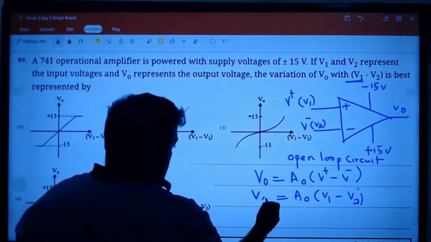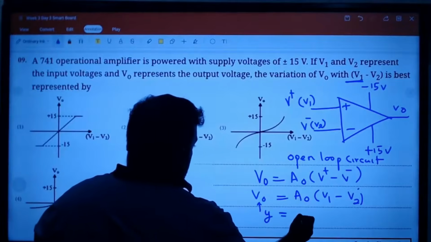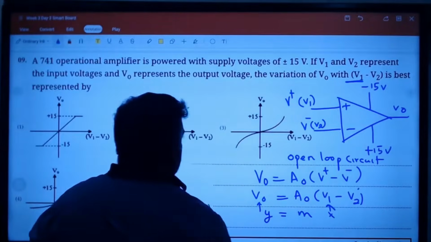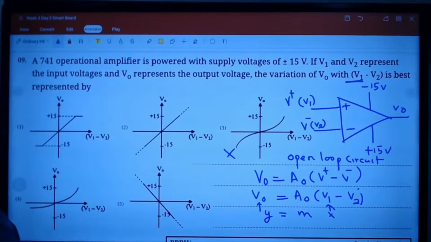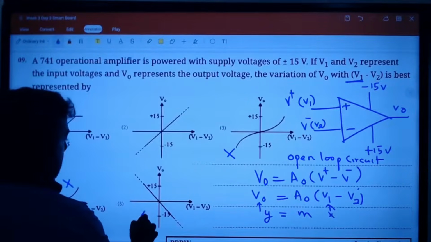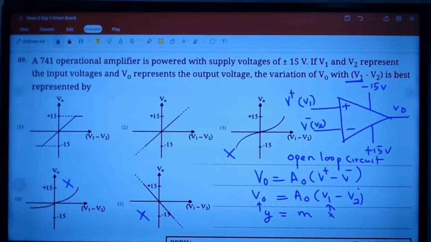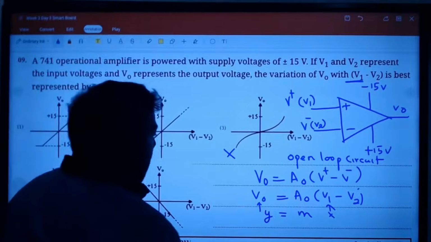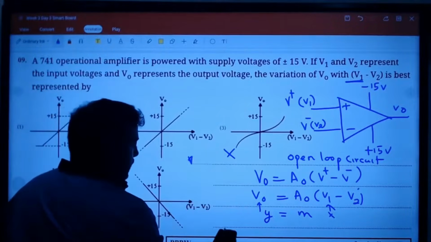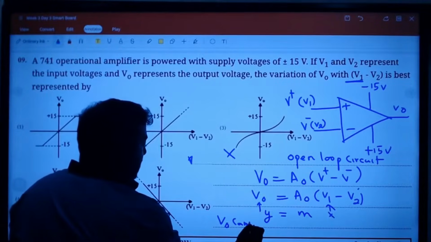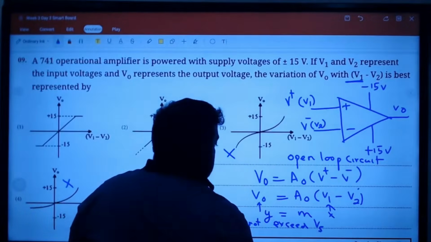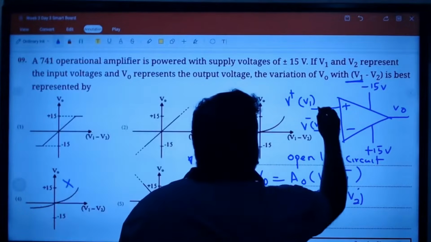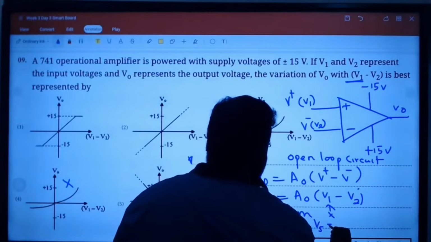So the graph is of the form y equals mx. So this is not your answer. But remember, output cannot exceed the supply voltage, and the supply voltage is plus or minus 50.